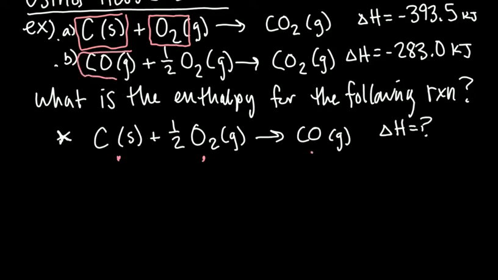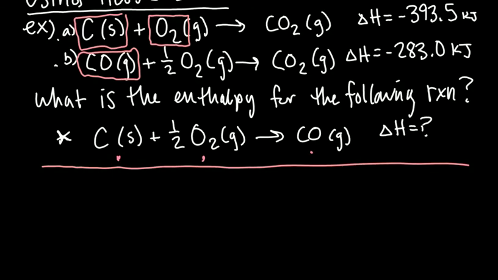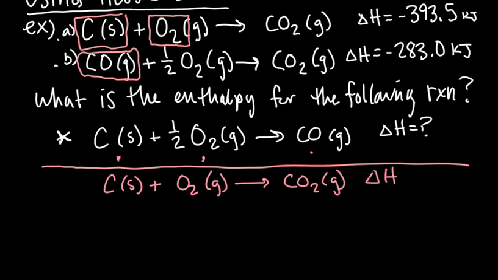Now what we can do is write this like an equation. We're going to use this first equation, A, as is, because we didn't have to change anything. I'm going to draw a little line here. We rewrite it as solid carbon plus O2 gas goes to CO2 gas, and our delta H is unchanged because we did not have to change this equation at all.